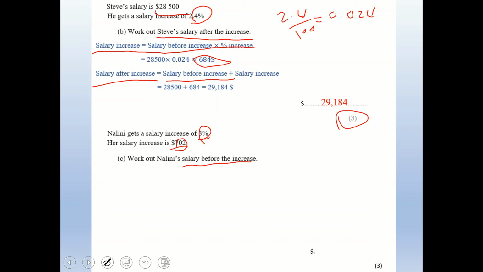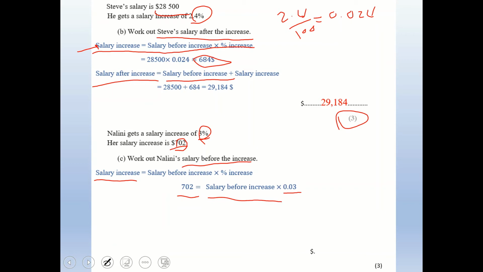We will substitute it directly into this equation: salary increase equals salary before increase multiplied by the percentage of increase, to get the salary before increase. Now, the salary increase, which is 702, will equal the salary before increase, and this is what we need, multiplied by the decimal equivalent of the percentage increase, which is 0.03.